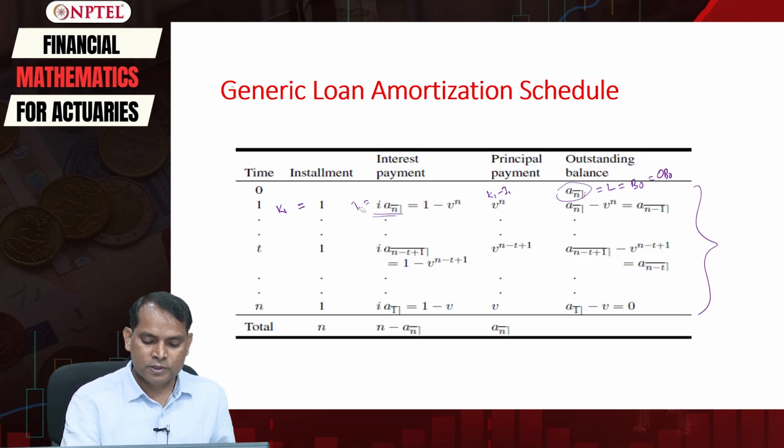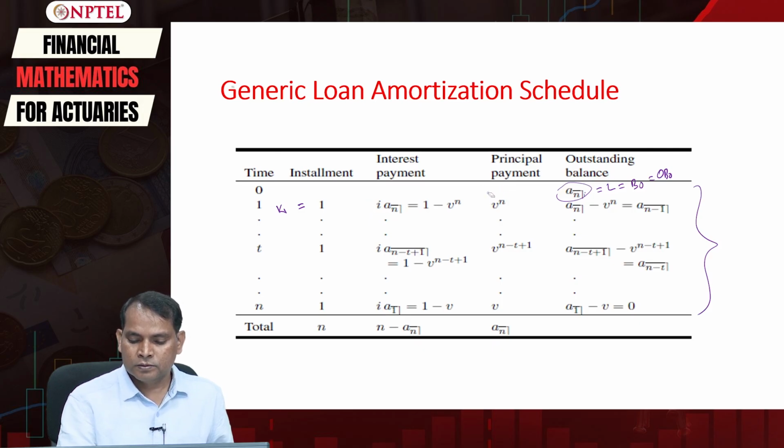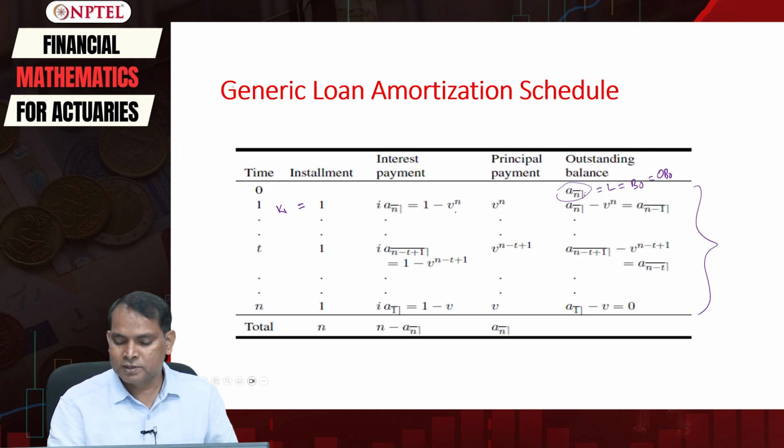So the whole point here is, first we need to compute the interest payment, that is the stated interest rate, i, multiplied by the initial loan balance, which will give you 1 minus v to the power n.